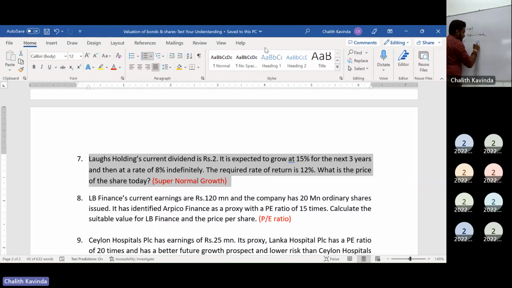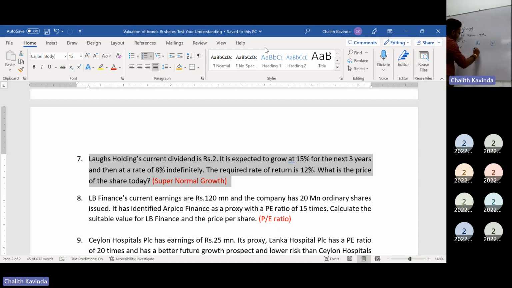Year 1, year 2, year 3. So how do you calculate your next year dividend? Your current dividend is 2, and the dividend will be increased at 15% for the next 3 years.